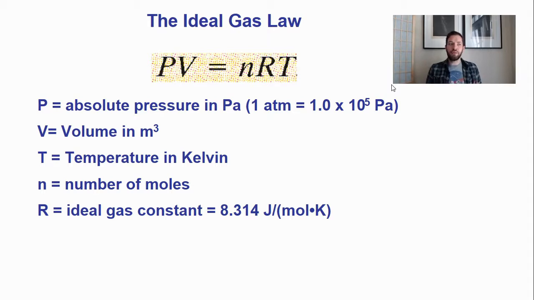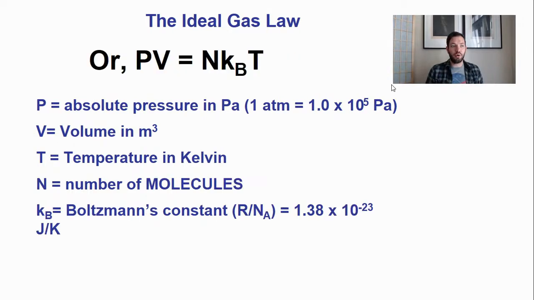Another version of this gas law, this equation, we can use a different version. So instead of measuring the number of moles of a substance, we can actually measure the number of molecules of a substance. So that's the other version of this. PV and T are staying the same, but instead we're looking at the number of molecules.